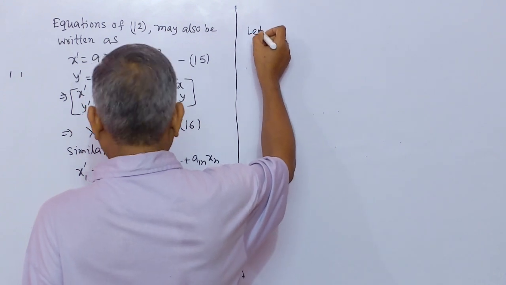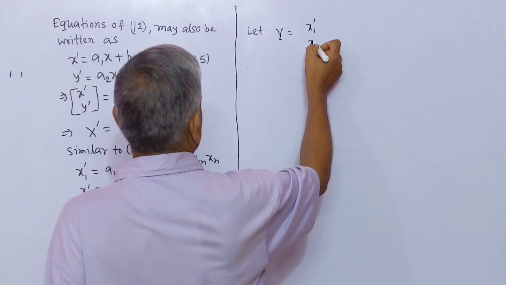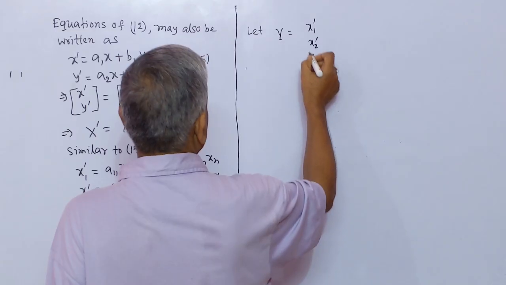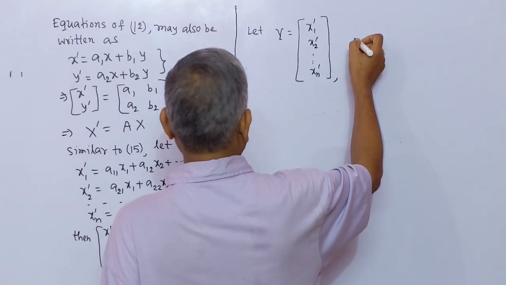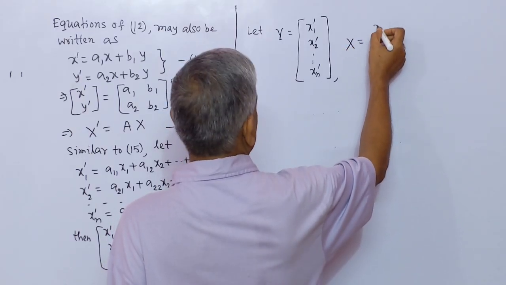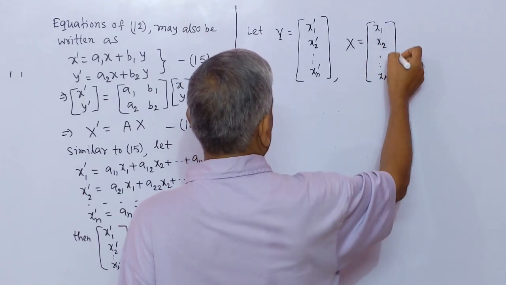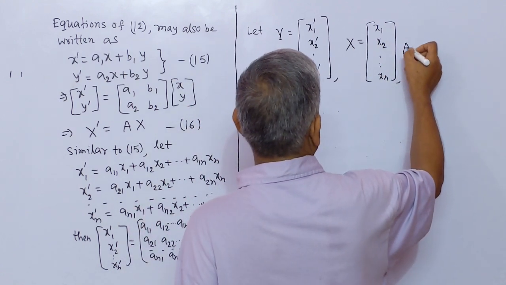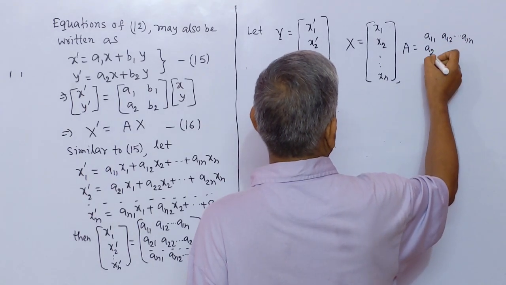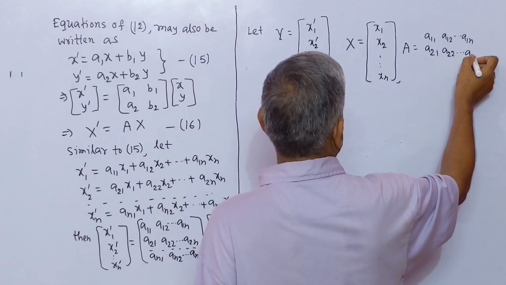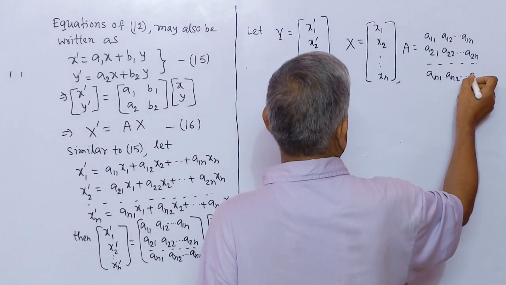Let capital Y equal to column matrix x1 prime x2 prime dot dot dot xn prime, and capital X equal to column matrix x1 x2 dot dot dot xn, and A equal to the matrix a11 a12 dot dot dot a1n, a21 a22 dot dot dot a2n, dot dot dot, an1 an2 dot dot dot ann.